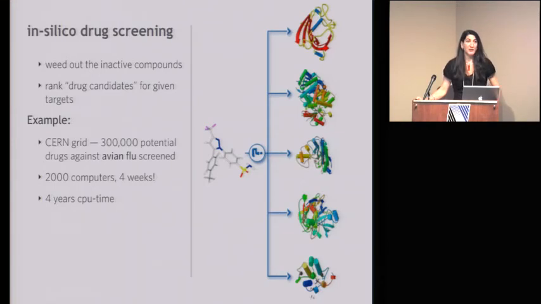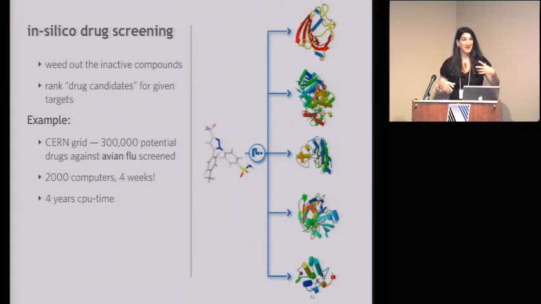To give you an example of what that entails in terms of computation, here's one. CERN used distributed computing a few years ago to simulate 300,000 potential drugs against avian flu. This took 2,000 computers working for 4 weeks, a total of 4 years of CPU time.